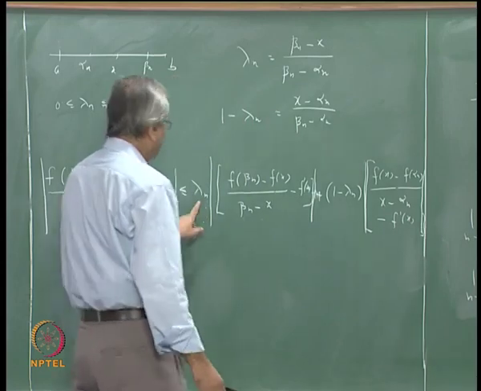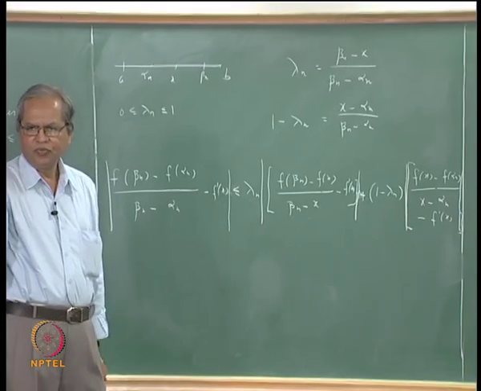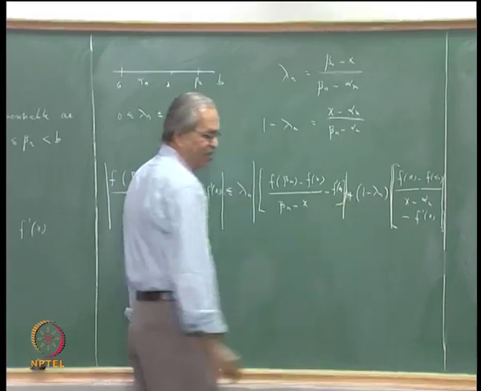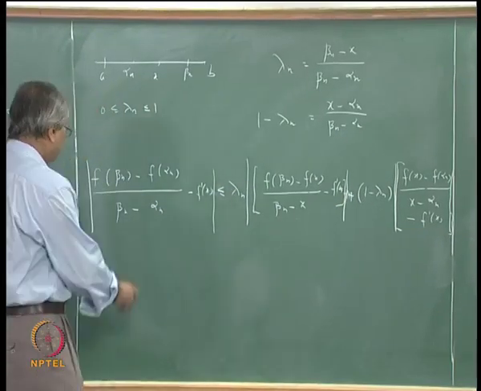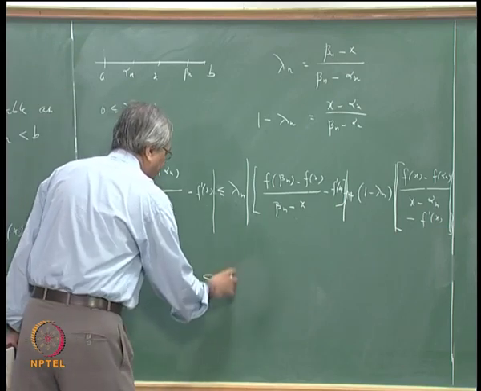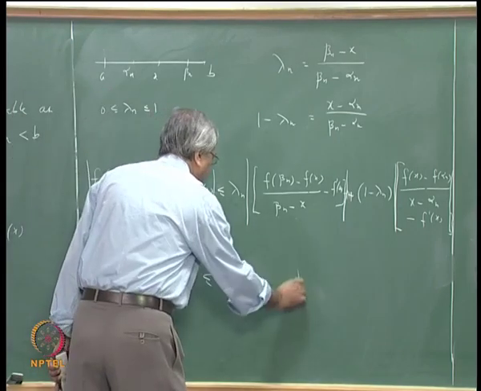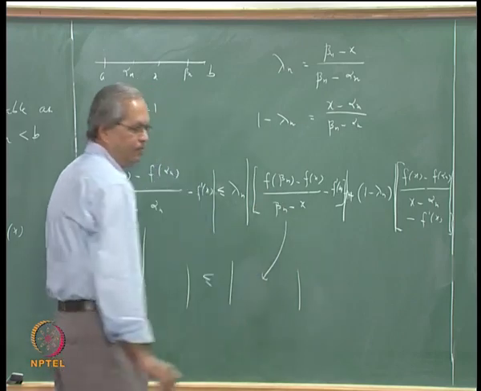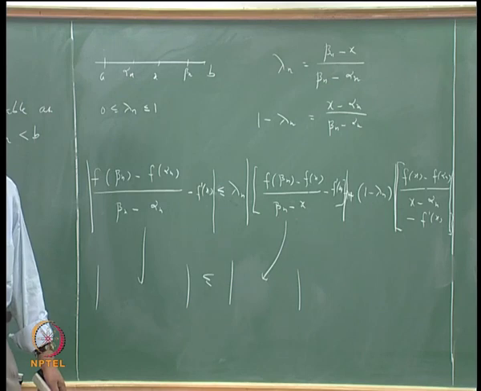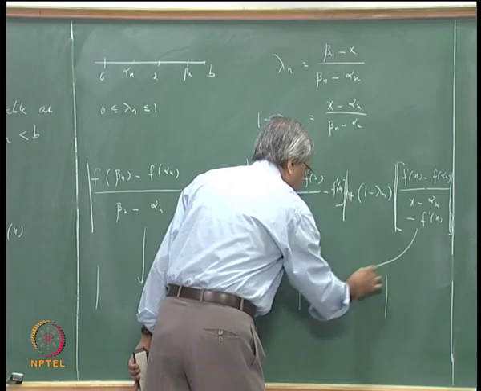But what about this lambda n and 1 minus lambda n? They are bounded sequences. Lambda n is less than or equal to 1 and 1 minus lambda n is also less than or equal to 1. So whatever you have in this bracket, lambda n is less than or equal to 1, that is less than or equal to whatever you have in this bracket, plus 1 minus lambda n, which is also less than or equal to 1, times the quantity in this bracket.